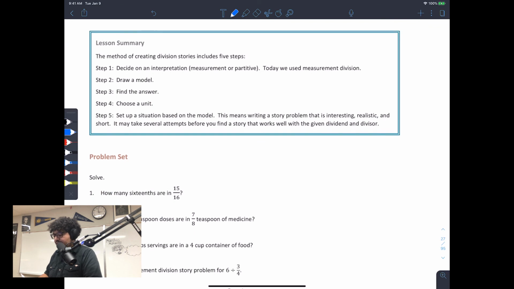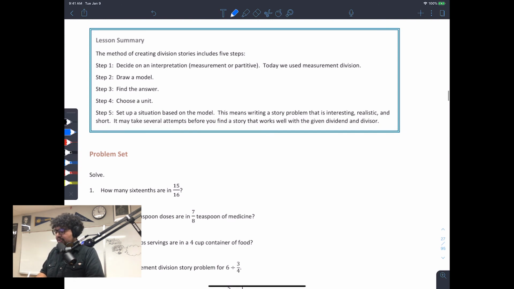Okay, so then let's go to the lesson summary. And this is a method of creating division stories, which includes the 5 steps. Again, remember, you have to decide whether you're doing measurement or partitive. Measurement usually means that you will have common denominators, whereas partitive means that you probably do the reciprocal to get the quotient.